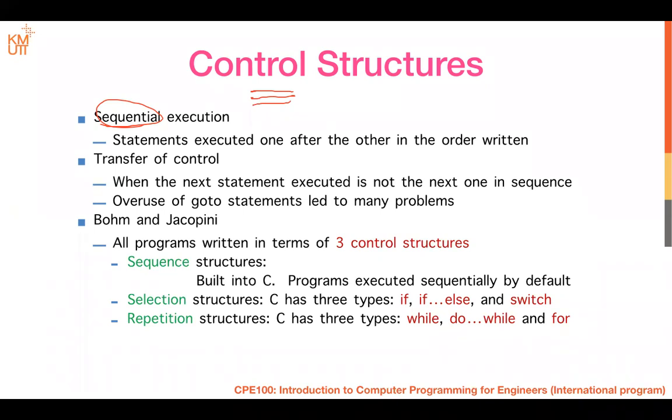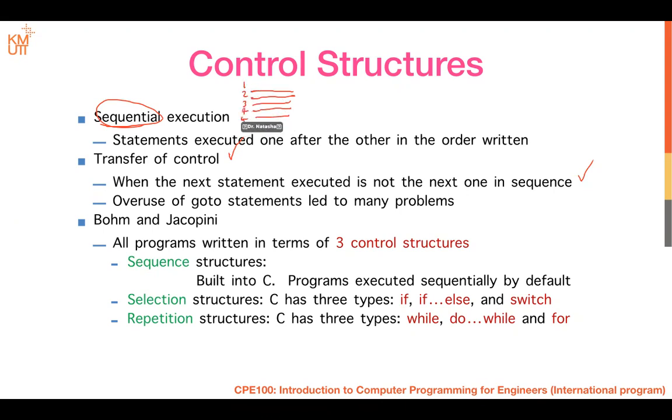And then transfer of control. Sometimes we may transfer the control of the execution by using a go to statement or return statement, which we are going to talk about later, right? Transfer of control is when the next statement executed is not the next one in the sequence. Normally when you design the control statements, it is in this order, 1, 2, 3, 4, 5.